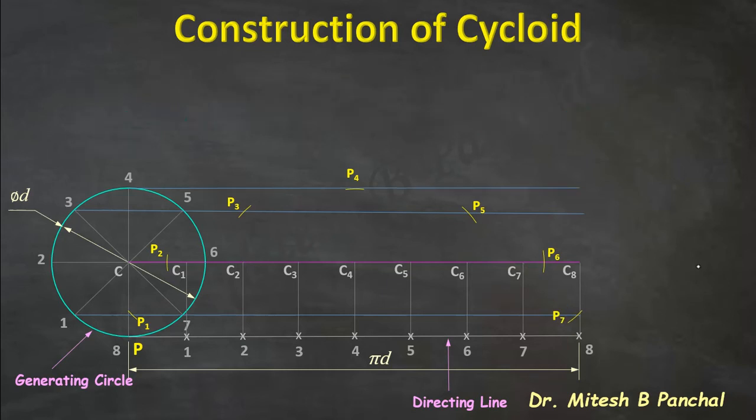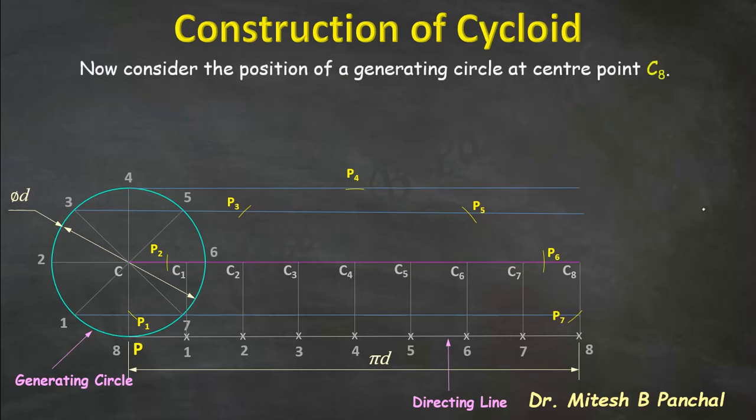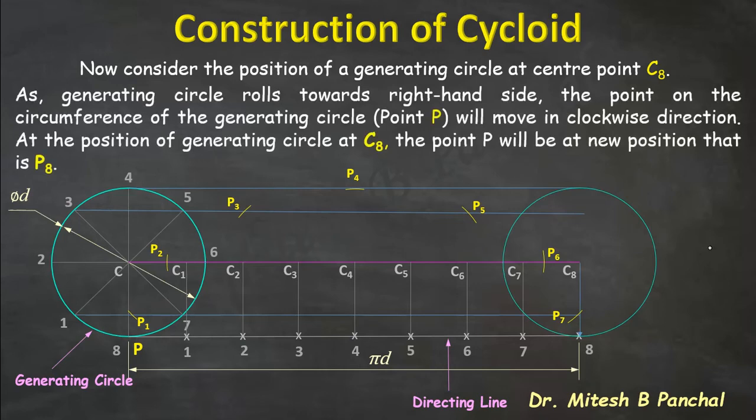At the position C8, the point P reaches its original position, the bottommost position on the circumference of the circle. So with C8 as a center, radius d by 2, and an arc on the line passing through point 8, we can obtain point P8.